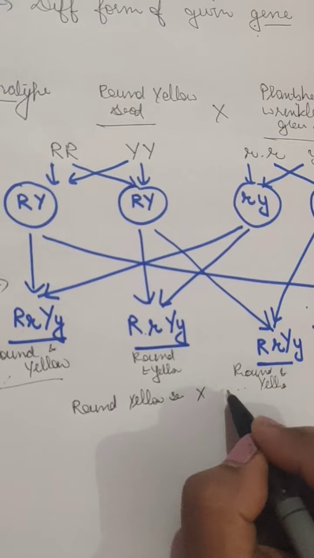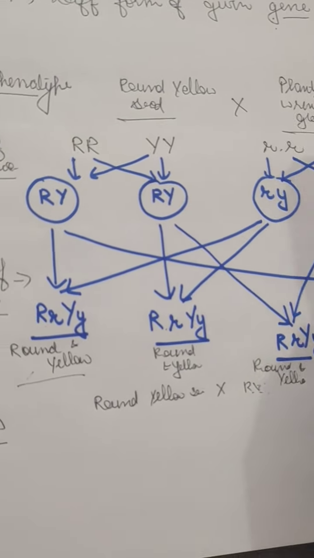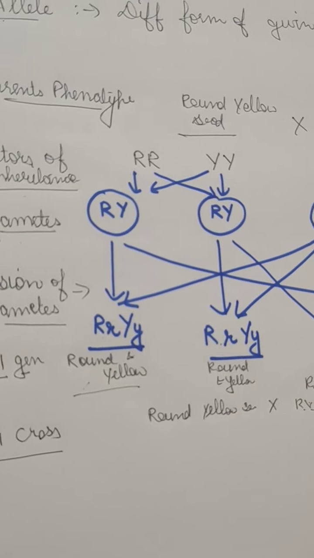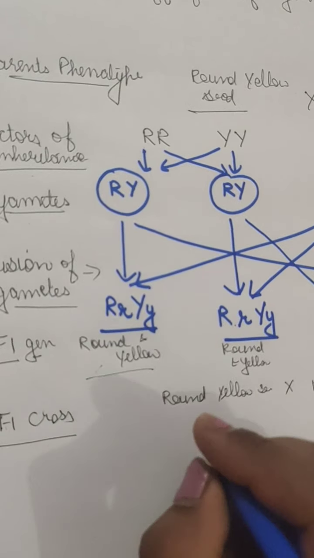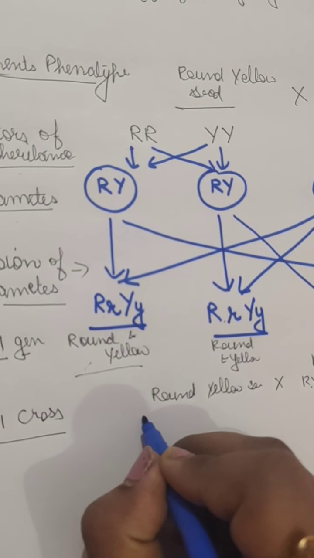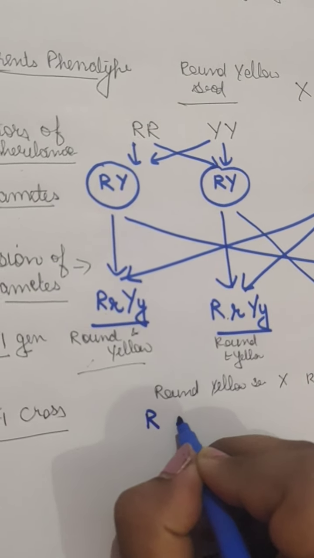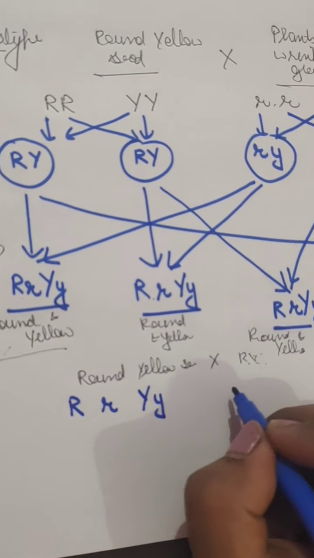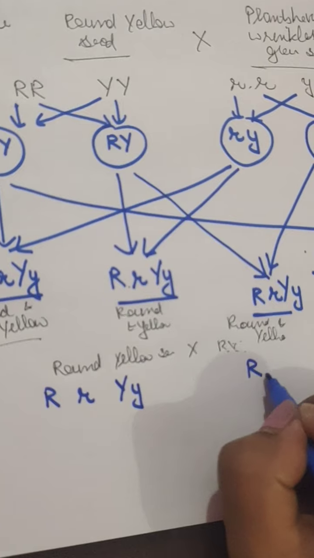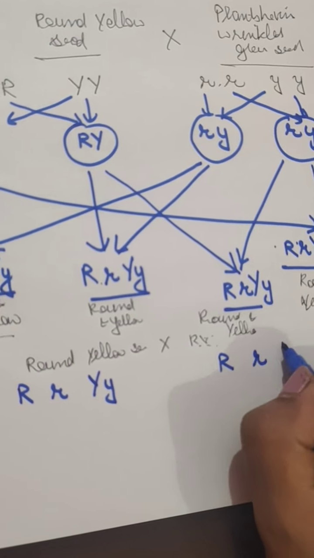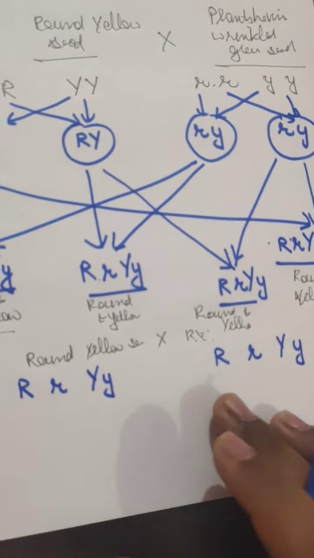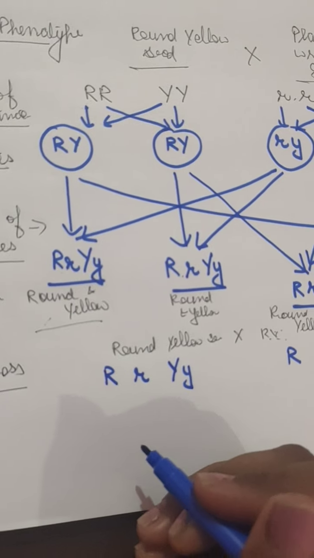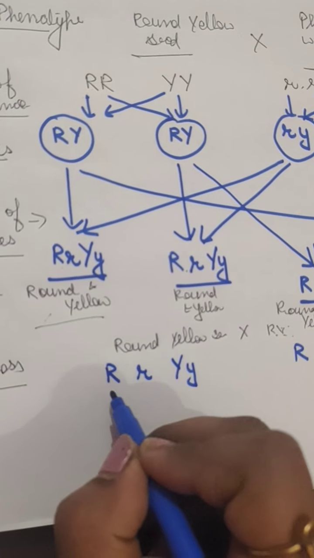I'm not writing it again. Okay, so we'll just start with the seeds. Round yellow seed is just capital R and capital R and Y and small y into R and small r, capital R and Y. Okay, now what are the factors of inheritance? We know these are the factors.